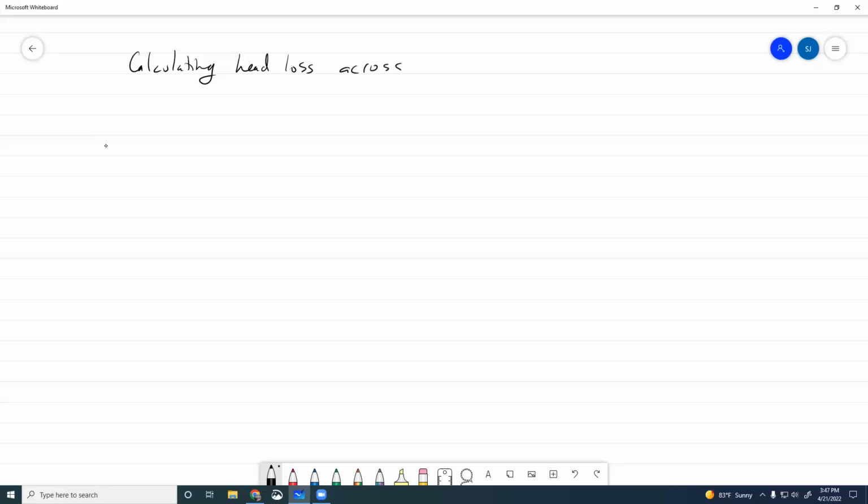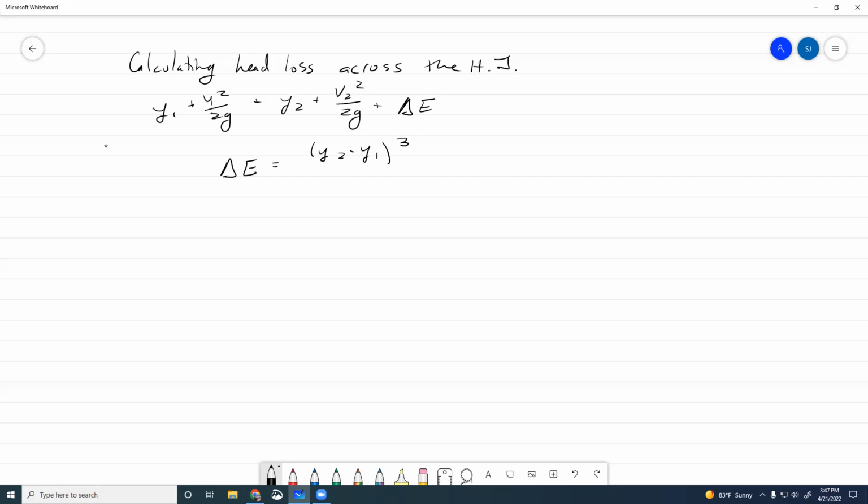So if we say y1 plus v1 squared over 2g is equal to y2 plus v2 squared over 2g plus delta E, we solve for delta E, and you're welcome to do that algebra, but delta E is equal to (y2 minus y1) to the third, all over 4 y1 y2.